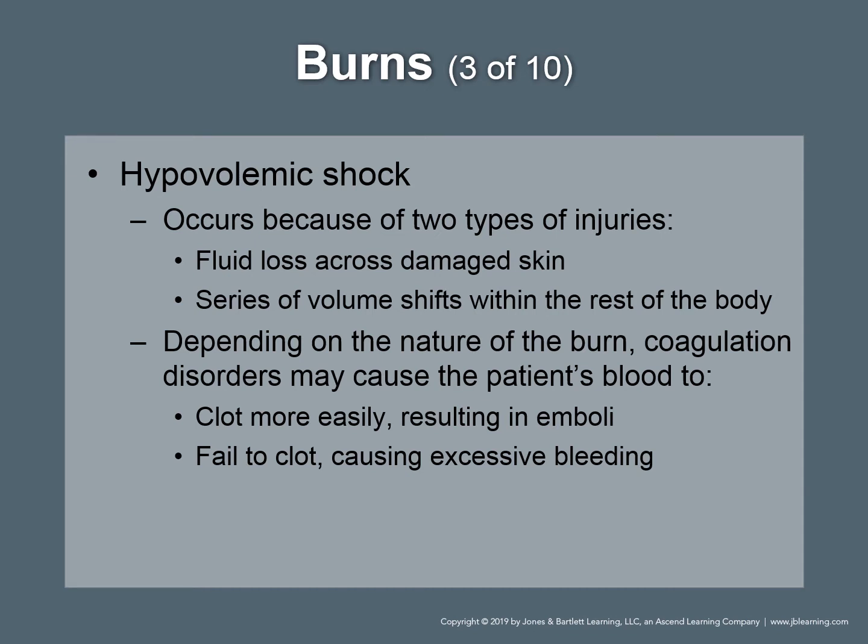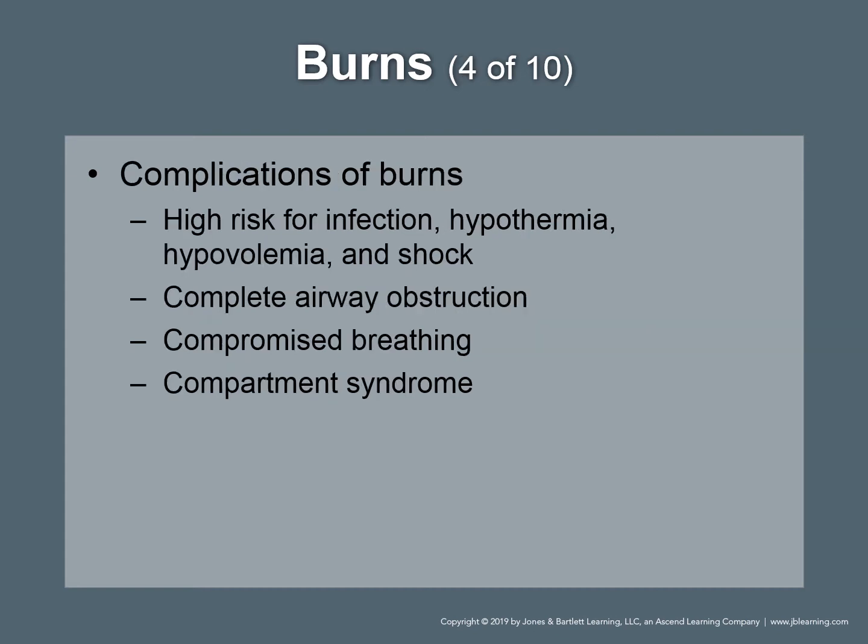So that's something that we have to keep in mind. And also, a lot of chemicals will cause almost like a hemophilia type state where the blood will not clot. So you may have DIC or diffuse clotting all over the body, which causes strokes, heart attacks, multi-organ system dysfunction. Or you may see the body's inability to clot depending on what the burn affected and what was involved in the burn. And so you may have massive bleeding, patient bleed to death just from whatever they were exposed to.